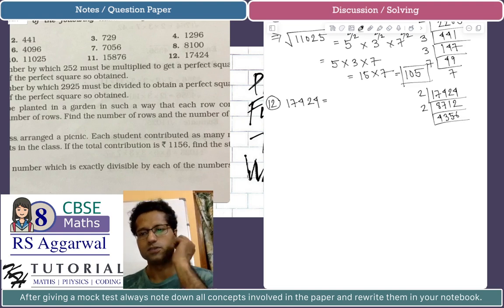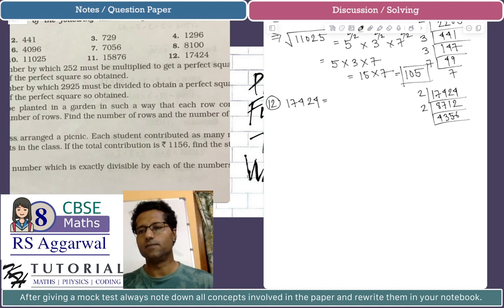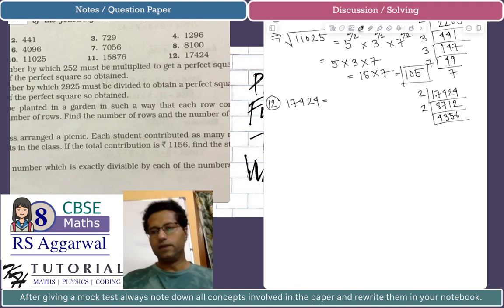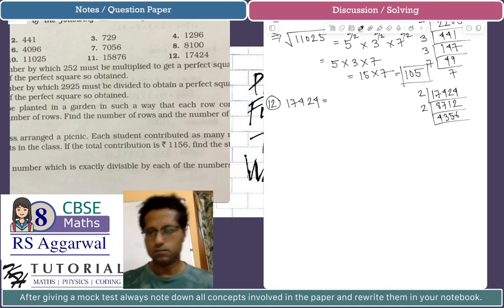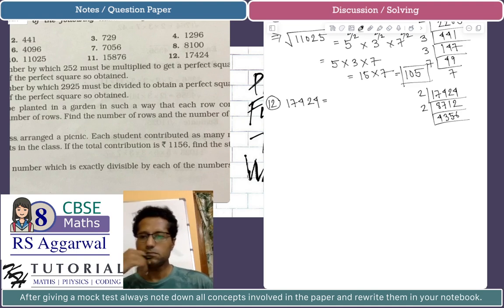It will be a long division, long computation. Okay, let me try to shorten the calculation by dividing with 4.